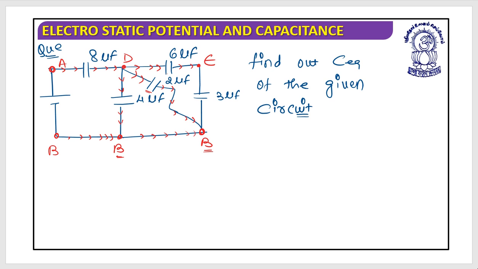So what next? What we need to do is find out the equivalent capacitance, and to find it, we must redraw this. So how could I proceed?